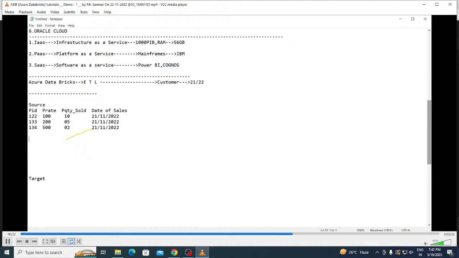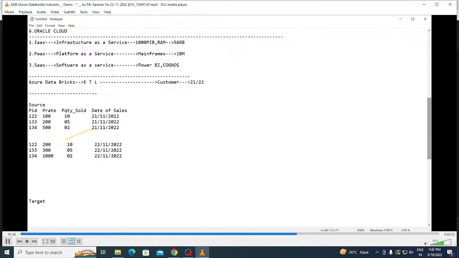But instead of these rates, I will make the rates 200, 300, and 1000. The product quantity sold stays as it is, but I'm changing the date to 22.